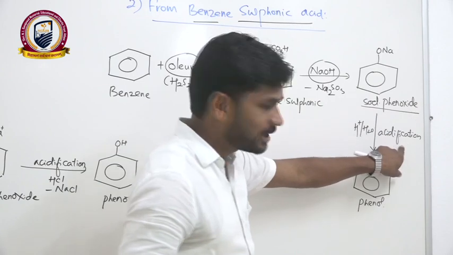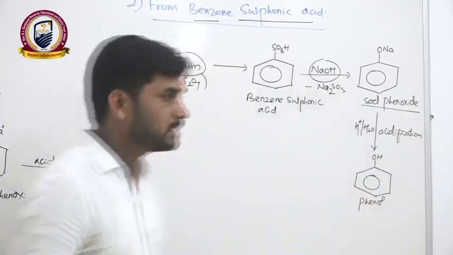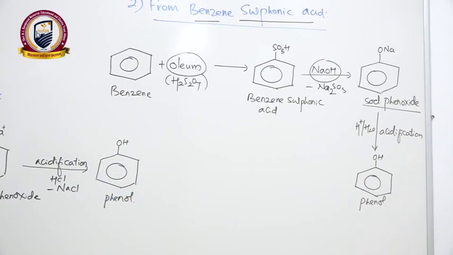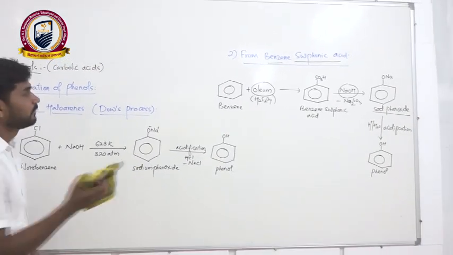So this sodium phenoxide on acidification gives the corresponding compound called phenol, right? It is another method for the preparation of phenols. And let us go for the next method for the preparation of phenols.